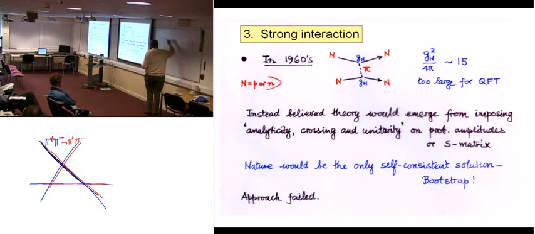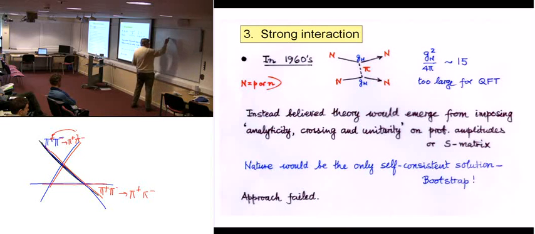So we take pi plus, pi minus to pi plus, pi minus. Now, crossing means you exchange 2 particles. Say you exchange these 2 particles. If I took this over to the other side, this would have become pi plus, pi minus goes to pi plus, pi minus.